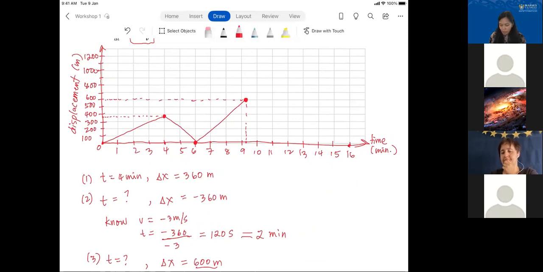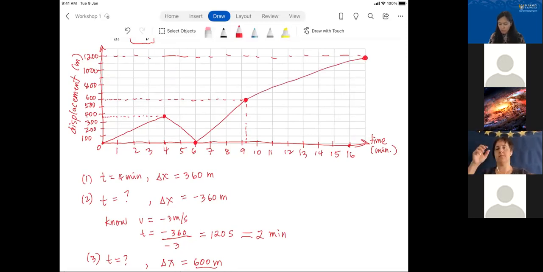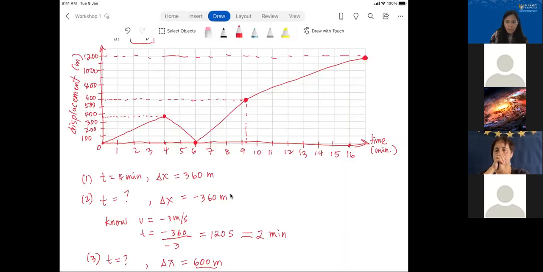And from midway here, your displacement is 600 meters, which took you all the way to 1,200 meters. So this is your final position in the journey, and that's how the graph looks. This is what happened to my sharing screen. Yep, there you go.